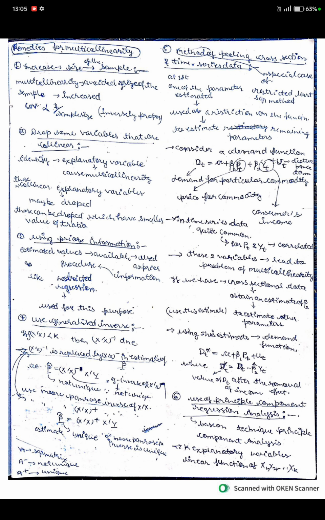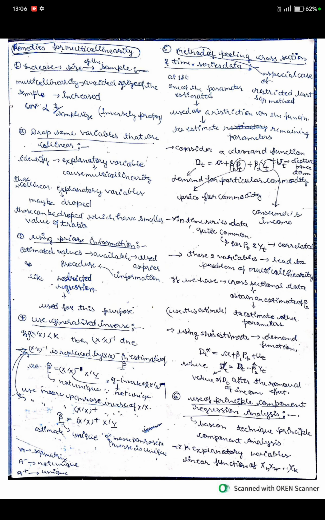If the rank of X dash X is less than k, then X dash X inverse does not exist. Then X dash X inverse is replaced by the g inverse, X dash X minus, in the estimate of beta. So beta cap equals X dash X minus X dash y, where X dash X minus is the g inverse. Since the g inverse is not unique, beta cap is not unique.